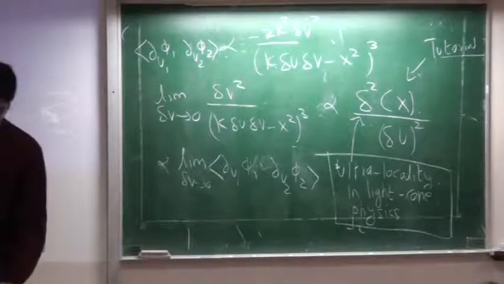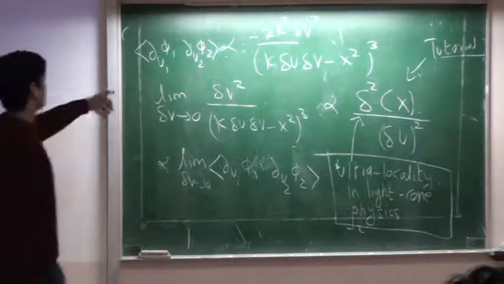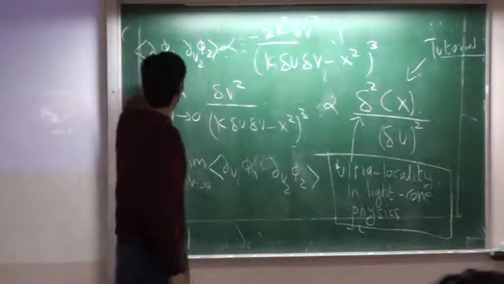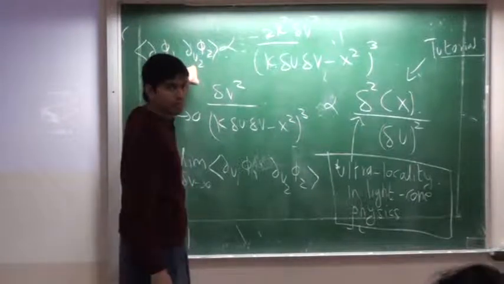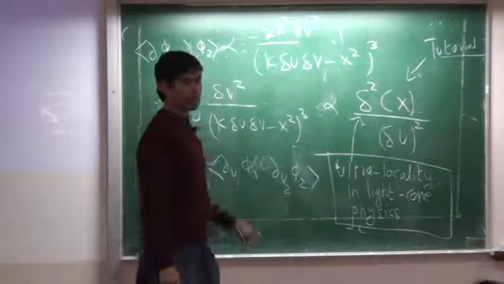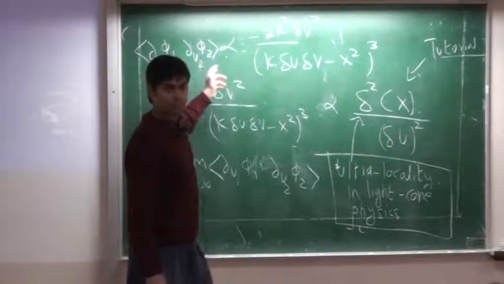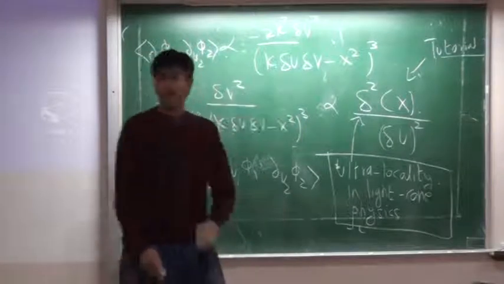Shouldn't there be delta u1, delta u2 in that first line? You are differentiating with respect to del u1 and del u2. Yeah, and the denominator is just delta u. Denominator has a delta u, that's right. So differentiate once with u1 and once with u2. There should be some factors dependent on u1 and u2. No, it's u1 minus u2. Delta u is u1 minus u2.